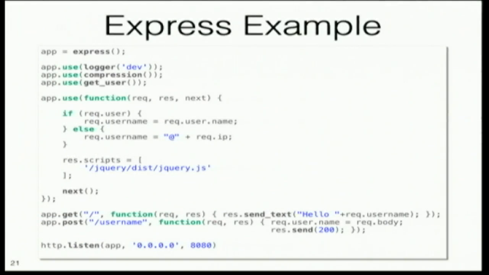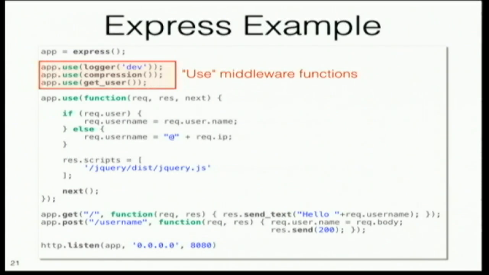I don't know if people actually know Express at all, but I'm going to go through it a little bit. This is JavaScript code. This runs in Node as the backend. You create your Express object at the very top there, and then in this area, you're using middleware functions.